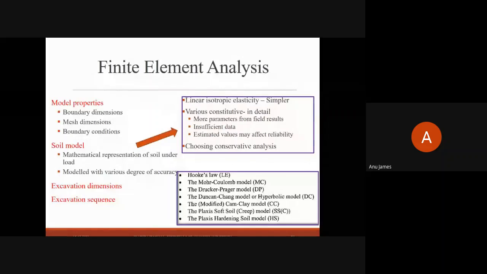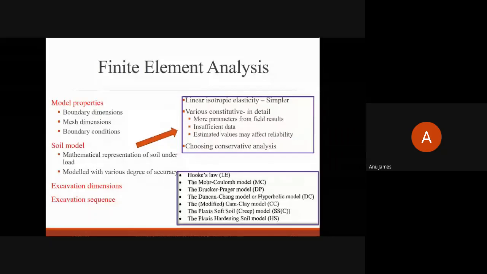Same is the case with the soil model. The soil models we choose should be the actual mathematical representation of the field conditions. There are different soil models available, and we can choose according to the complexity of the project we are handling. Soil models with simple elastic considerations are easier, but they may not be able to accurately represent the field conditions.